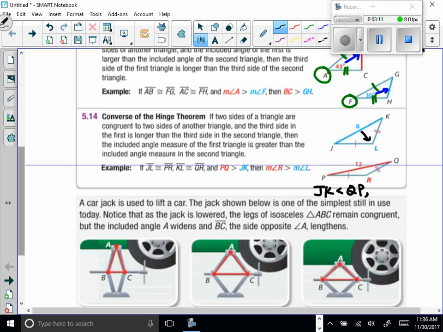So the angle associated with JK, which is L, is also going to be less than the measure of the angle associated with QP, which is angle R. So if one side is less than the other, then the corresponding angle is also less than the other.